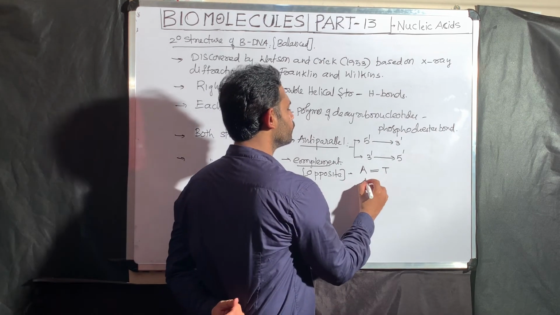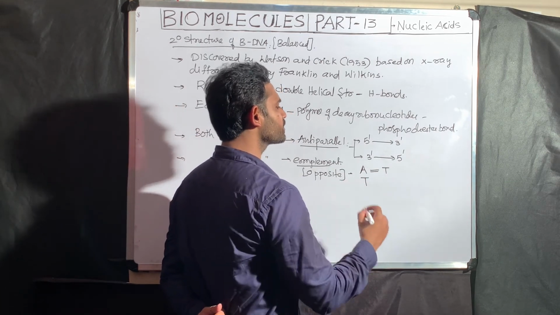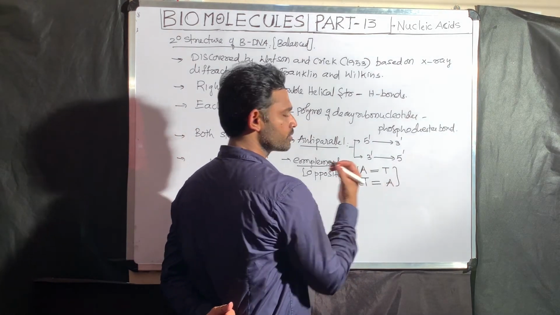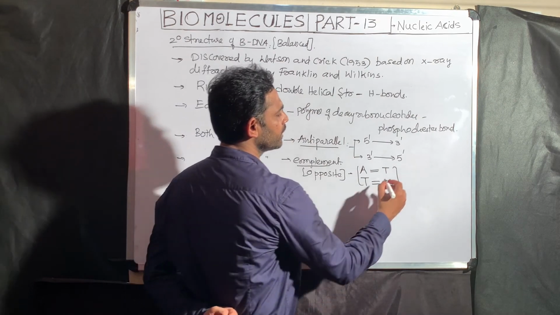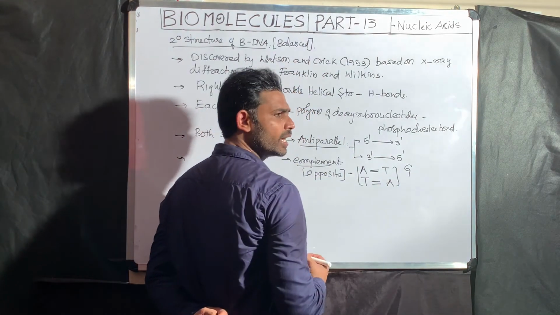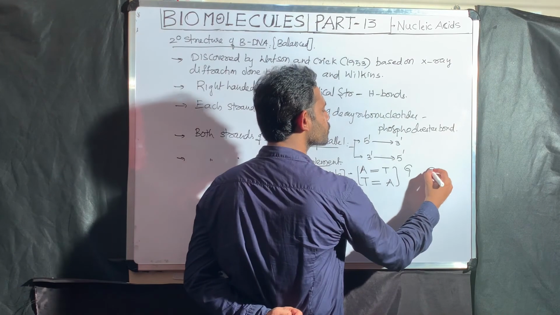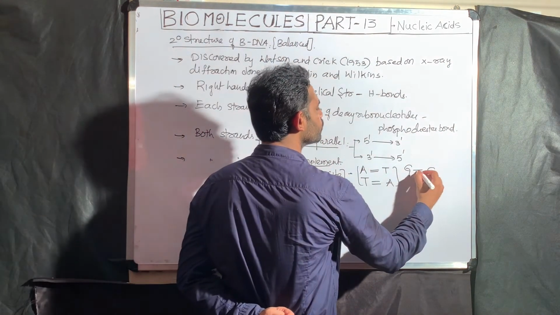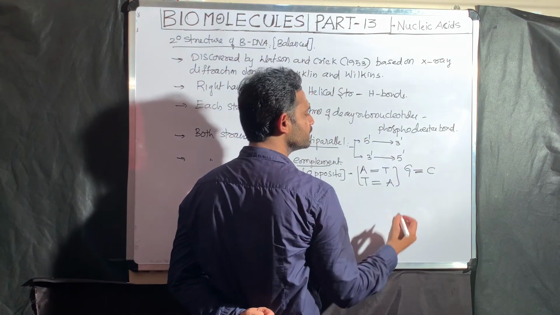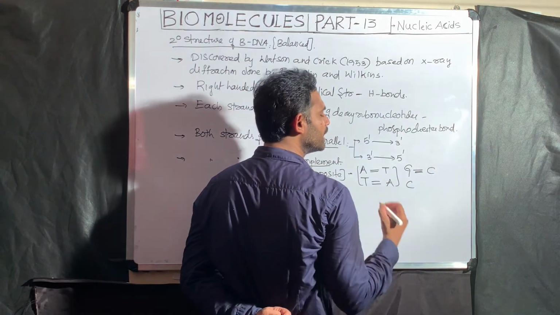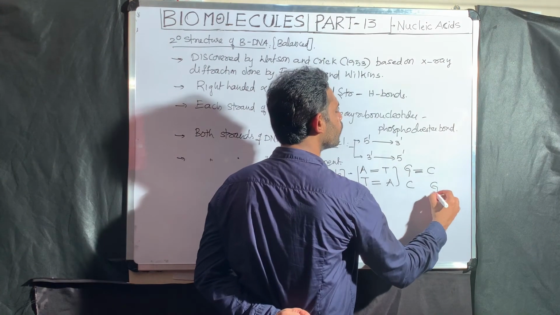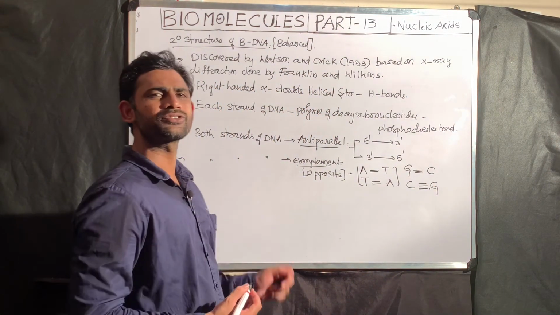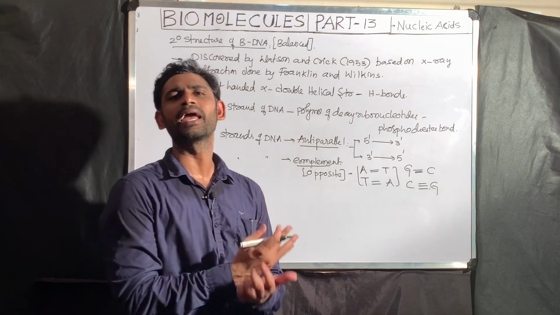Otherwise, if one strand contains thymine, the other should contain adenine. In the same way, if one strand contains guanine, the other strand should contain cytosine. There is no other option. They are linked through 3 hydrogen bonds. Otherwise, if one strand contains cytosine, the other should contain guanine. That means the complementary nature of the DNA strands is due to the specific base pairing.